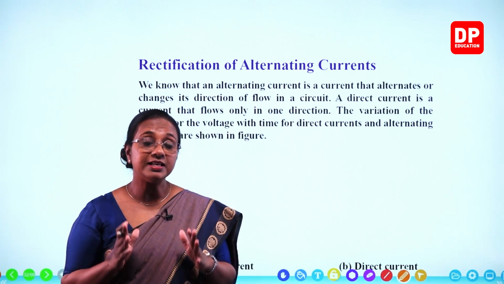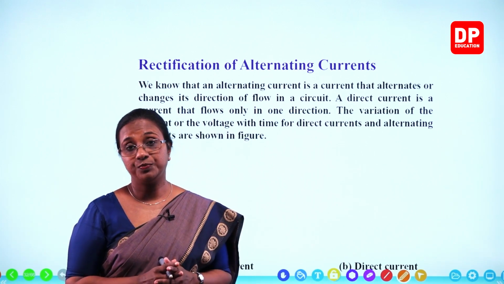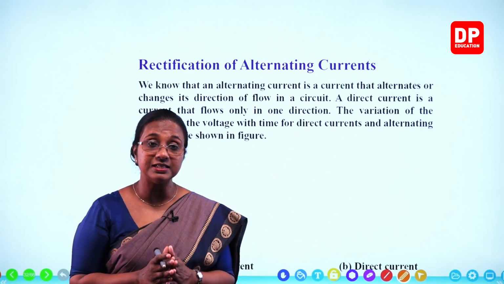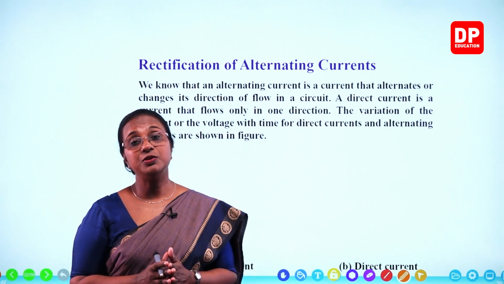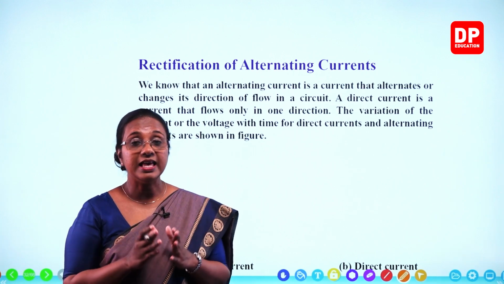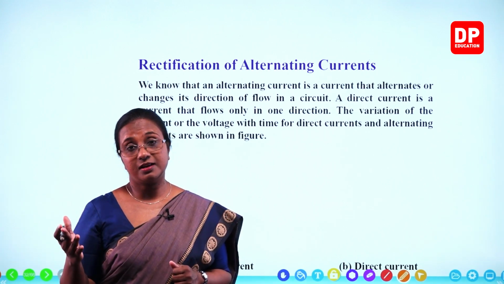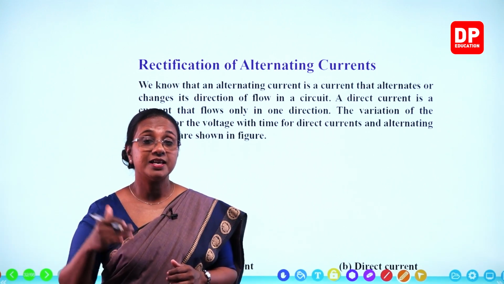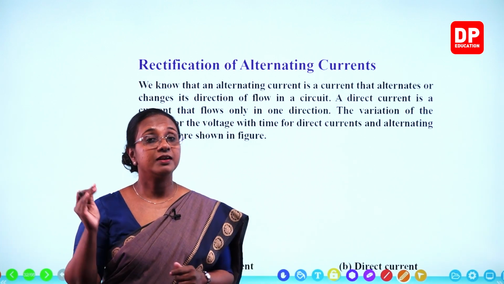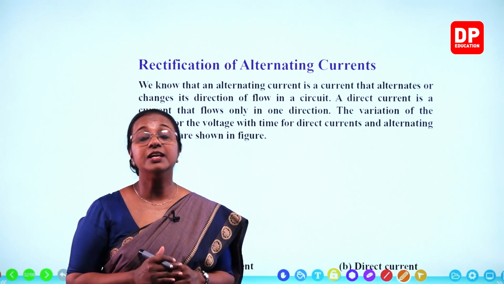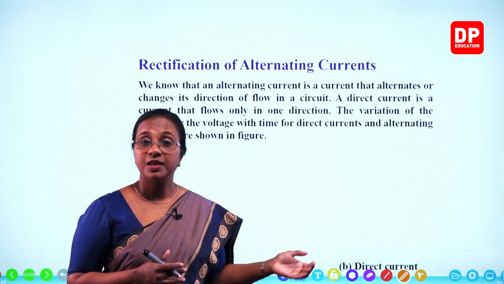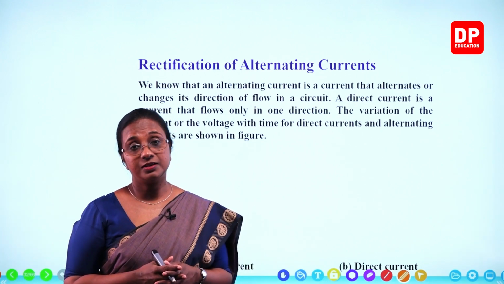Now the current that is generated by the dynamo is an alternating current. But the thing is, most of the devices that we use in the household need a direct current. Direct current means the direction of the current does not change with time. The current flows only in one direction. For example, the current generated by a battery is a direct current.